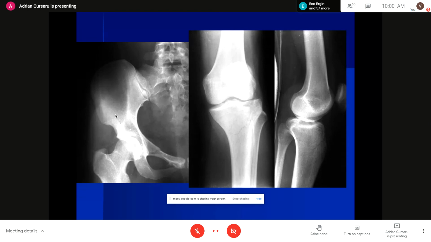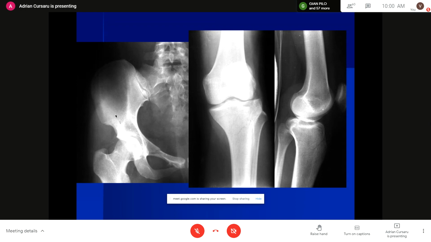Closed reduction means you don't have to make any incision. You are making some maneuvers with the skin intact, using an X-ray TV in our operating room. We have a TV where we make that reduction and then make the fixation.